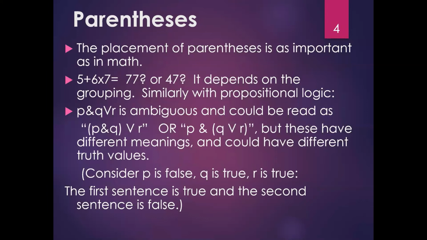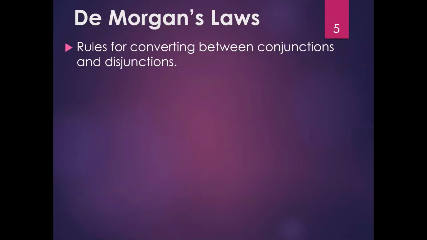But before we go on to multiple kinds of sentences, I do want to talk about De Morgan's laws. De Morgan's laws are rules for converting between conjunctions and disjunctions with negations. So there are 4 different laws on how this works.